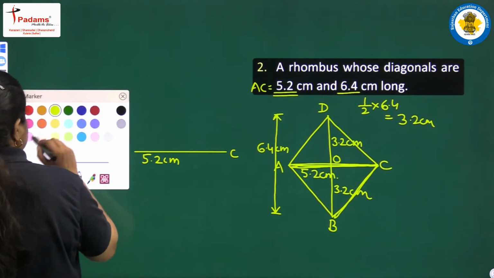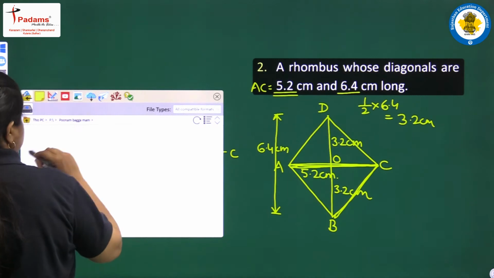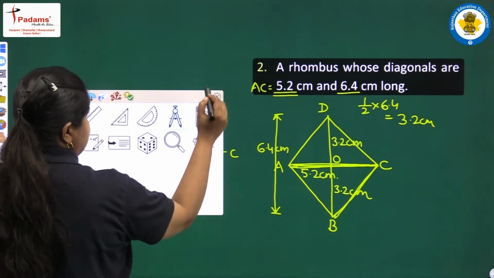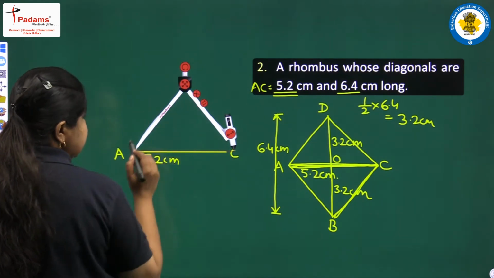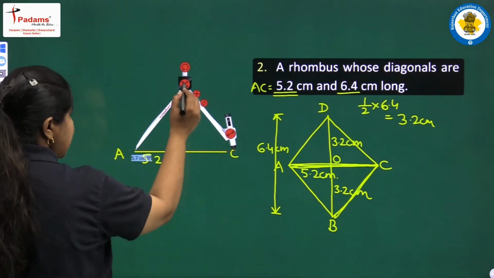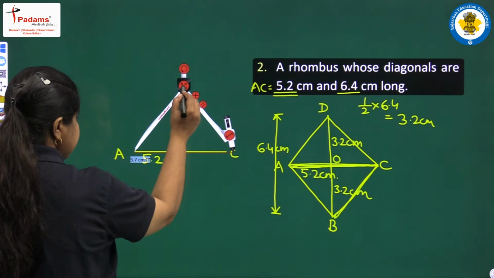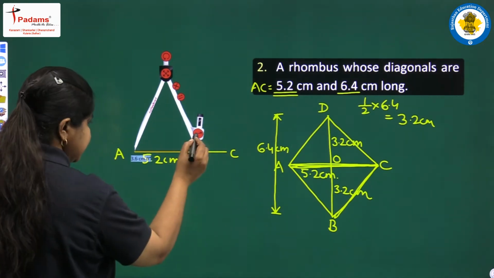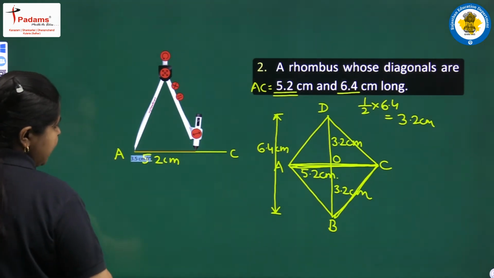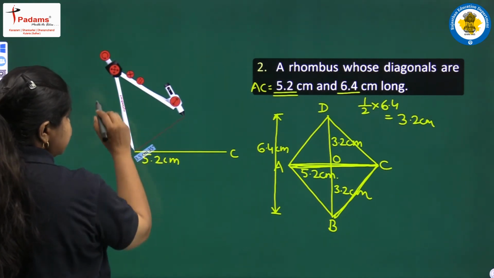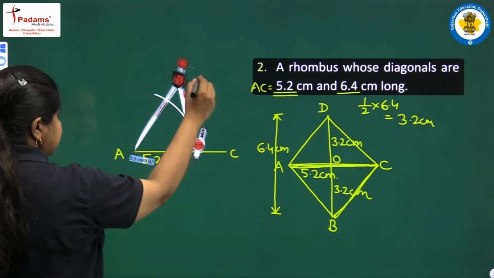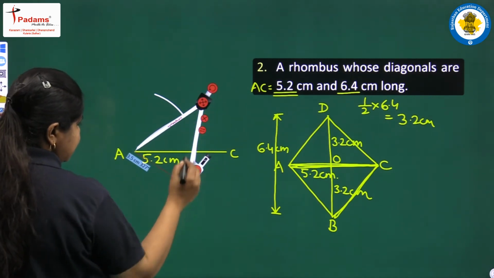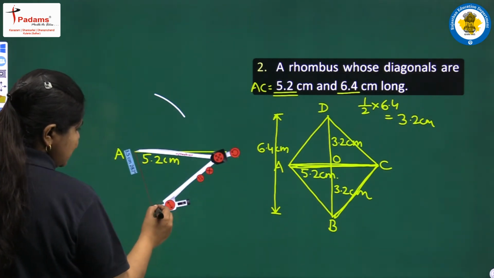We will take a compass for its construction, keep the center at point A, and taking the radius more than half of AC, we will draw an arc above AC and below AC in this way.